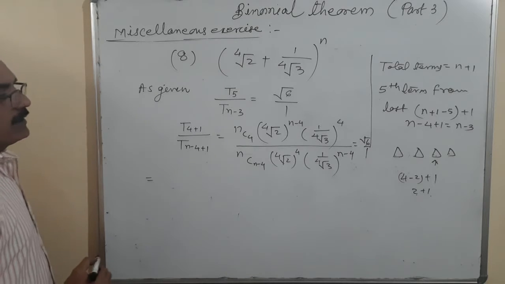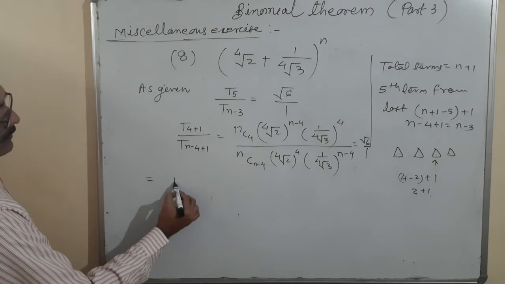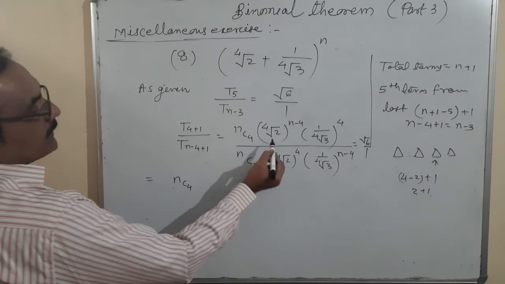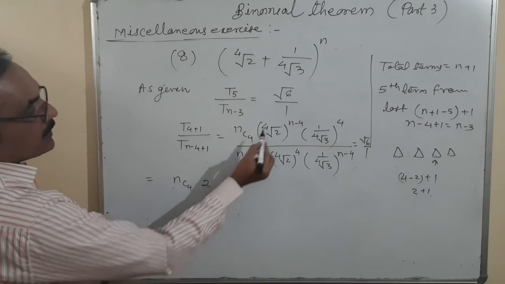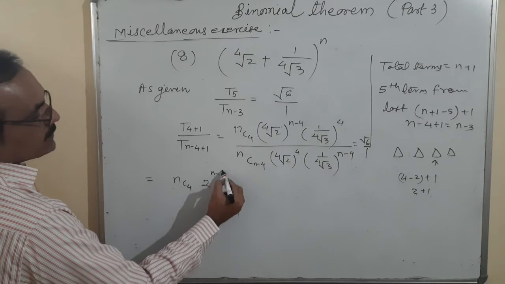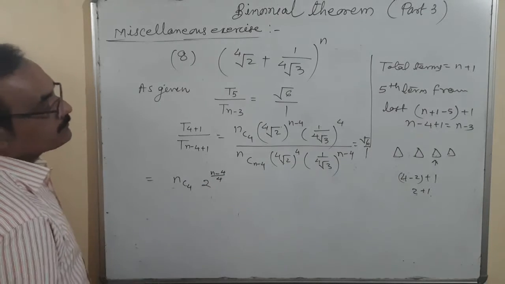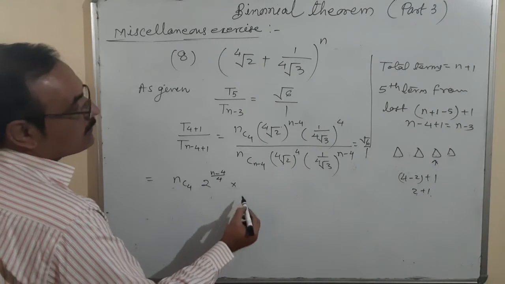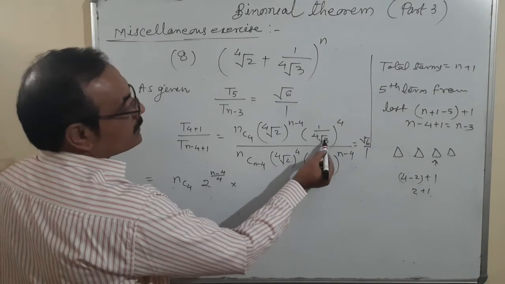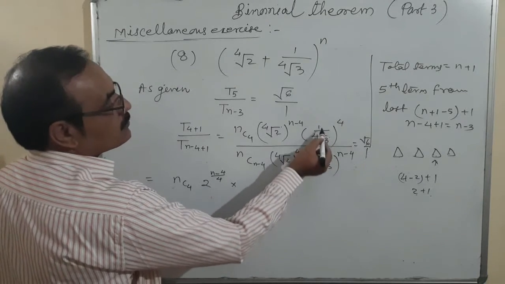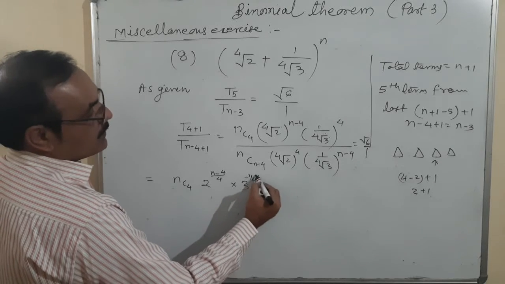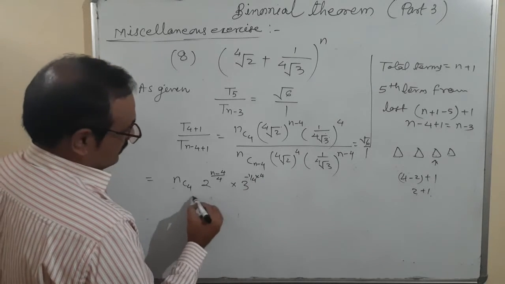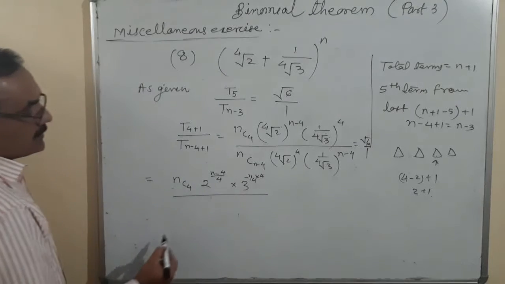Now let us see nC4. Here I can write 2 to the power 1 by 4, that means 2 to the power n minus 4 upon 4, and 3 to the power 1 by 4. When we shift it, it is 3 to the power minus 1 by 4, multiplied by 4 upon nC n minus 4.